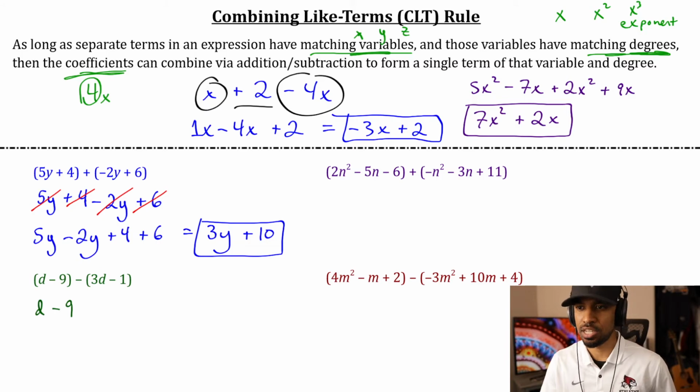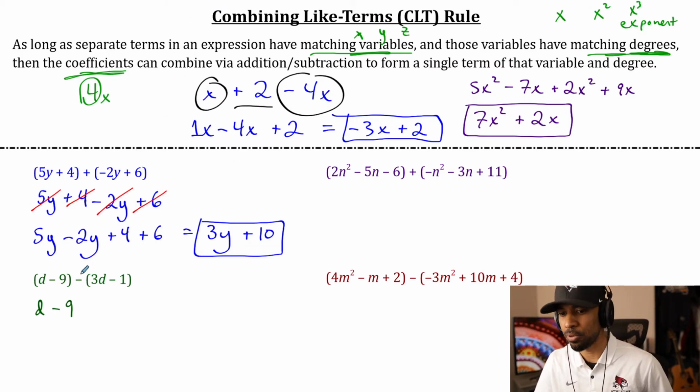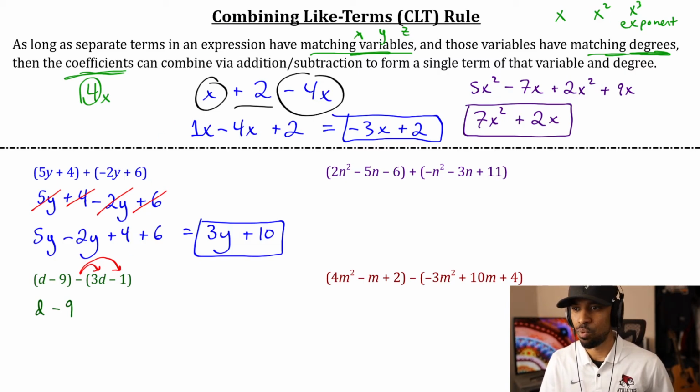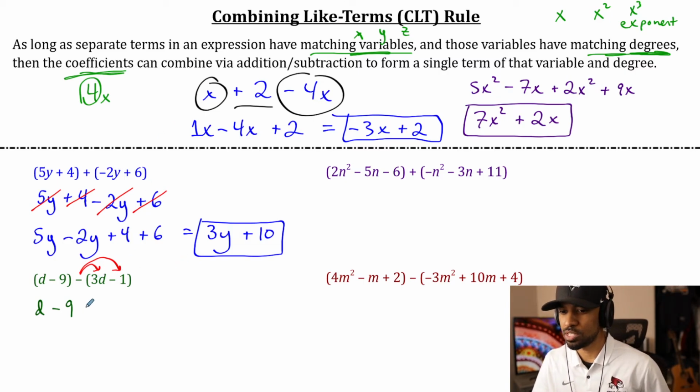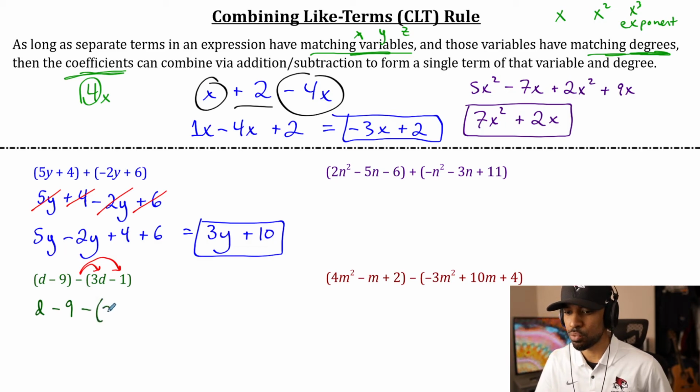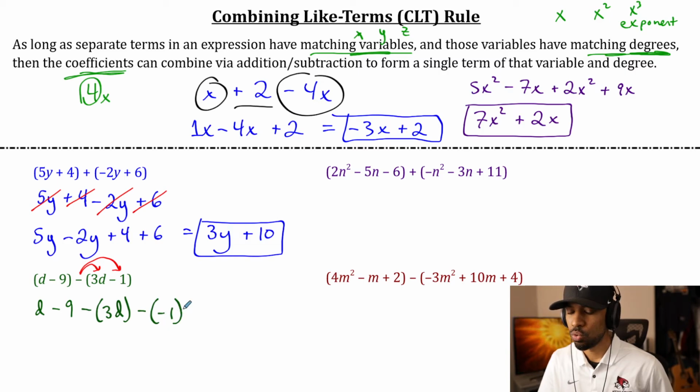And what this says, and I'm going to be doing distribution in my next video, is I'm going to be applying the negative to every term inside the set. So I'm going to be subtracting 3d, and I'm going to be subtracting negative 1. So if I write kind of an in-between step here, this is minus the 3d minus the negative 1.